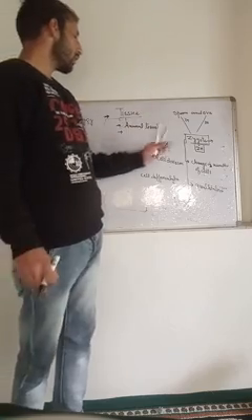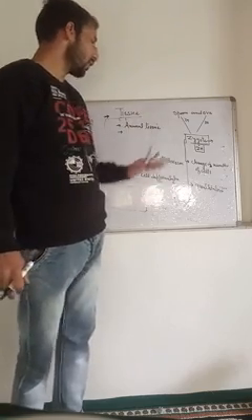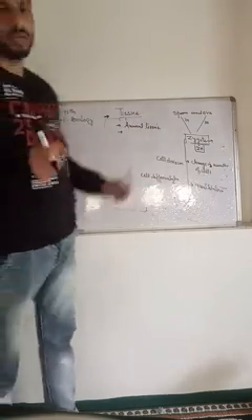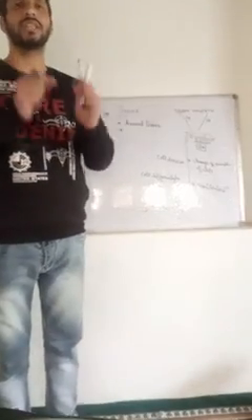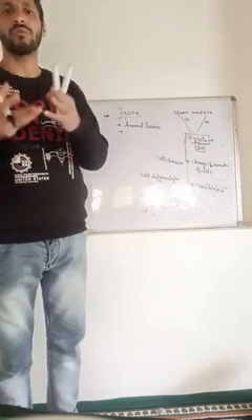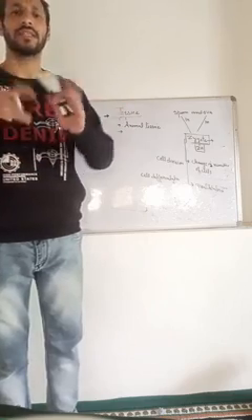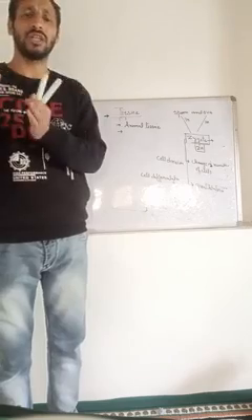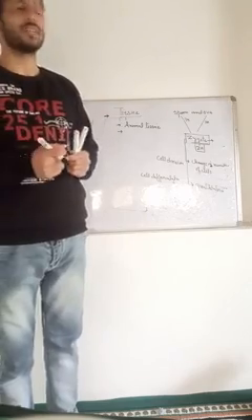अब मैं सेल डिफरेंशिएशन और सेल डिवीजन के बारे में बता देता हूँ। देखिए, सेल डिवीजन इज द चेंज इन द नंबर ऑफ सेल्स। Simply 2 gets divided to form 4, 4 gets divided to form 8, 8 gets divided to form 32, and with each division there is an increase in the number of cells.